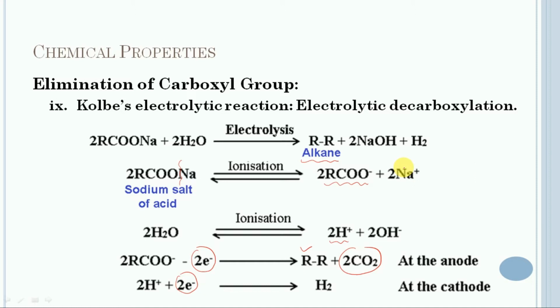It may be recalled that in aqueous solution, it is the H plus ion which get discharged at cathode while sodium ion remain in the solution. So it is the called electrolytic reactions.